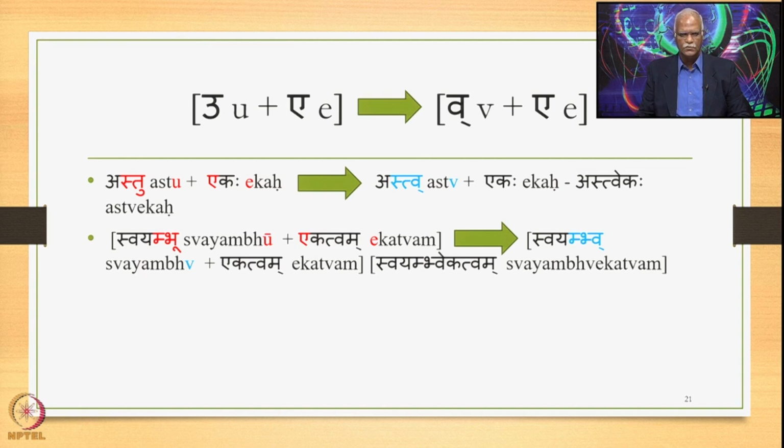Then long U, Swayambhu plus Ekatvam, and 6177 applies, you get the output Swayambhva Ekatvam, Swayambhvekatvam. That is the output. A, O, I and O, they do not have any short variety and also not the Pluta variety, and therefore there are only a limited number of examples.